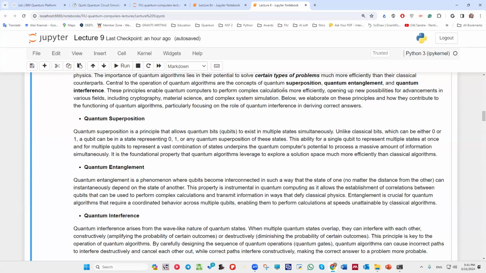Meaning that if we measure a perfectly balanced superposition, we can never say in which state the qubit is. It is in the 0 state or the 1 state with some probability. And the principles of quantum physics say that we have to describe the qubit as if it exists in both these states simultaneously.